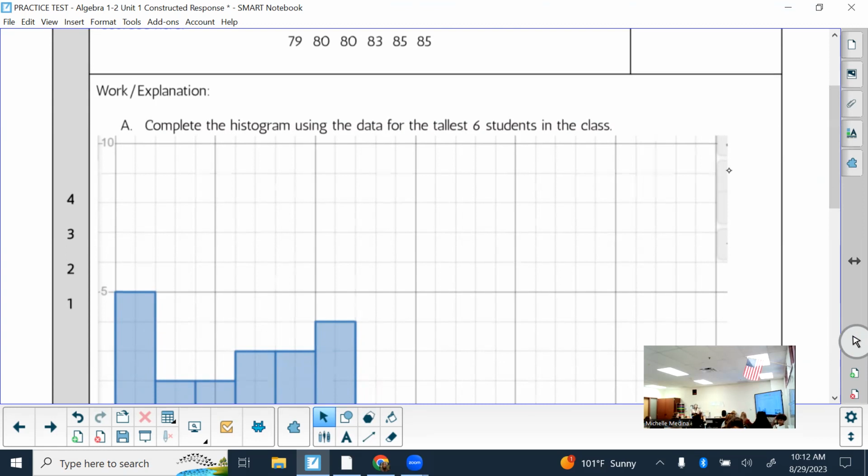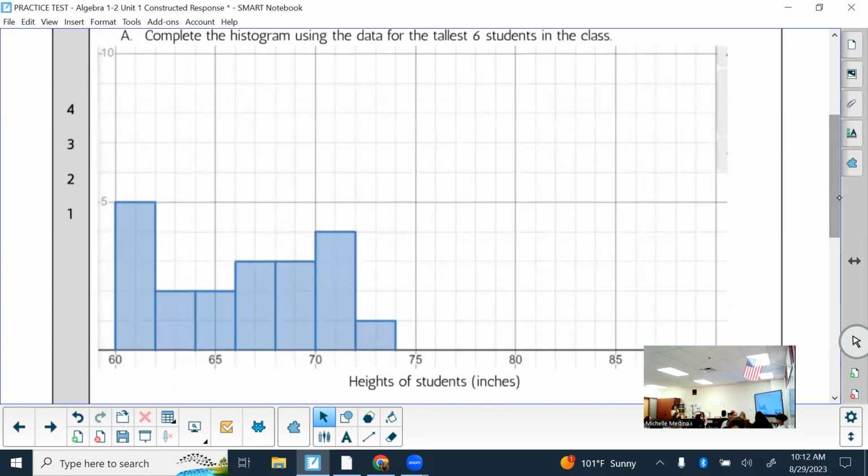So what are the intervals for the histogram that's on your paper? Like what numbers belong in this bar? Okay, then let me backtrack for a second. What does my y-axis of my histogram always have to tell me?